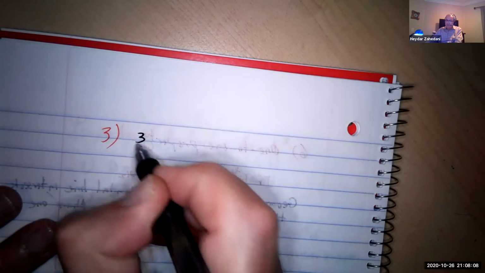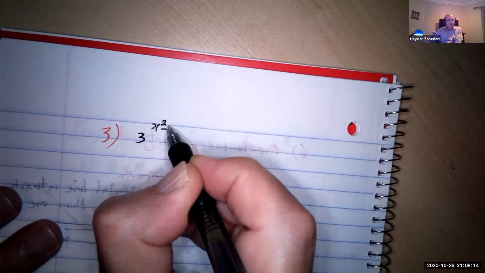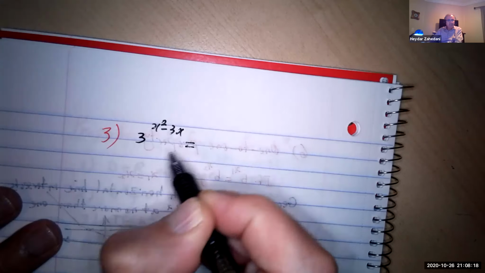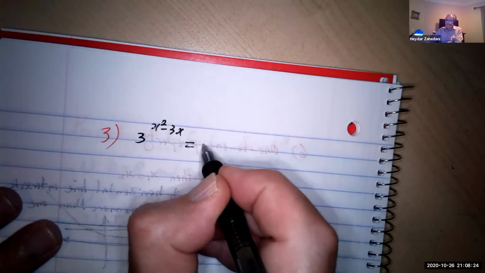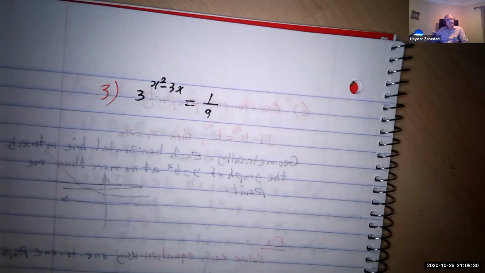You see, we have 3 to the x squared minus 3x, and this is going to be equal to 1/9. That is going to be the case. Okay, any suggestion for this one?